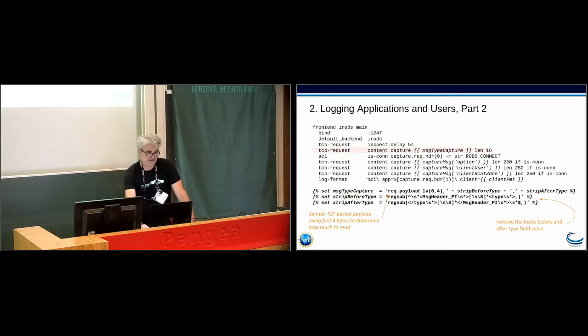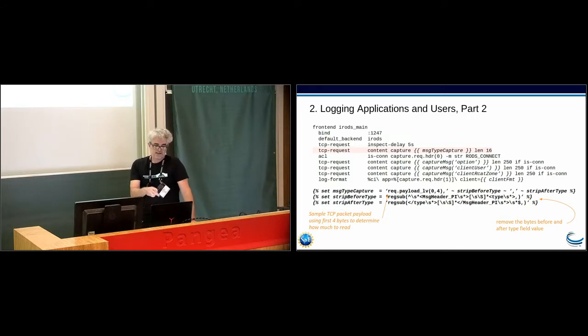So back to our example. Let's look at the expanded Jinja a bit. The message type capture uses the request payload LV, which basically says take the first 4 bytes and use that to tell how much data to read next, so that it reads a certain amount.